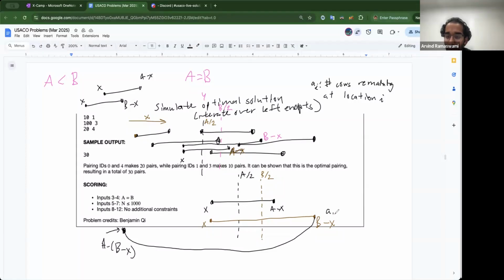So if there's ever any cows remaining at b minus x, then we want to match cows from x with cows from b minus x. So this motivates some kind of algorithm, right? So the algorithm is: iterate over left endpoints.